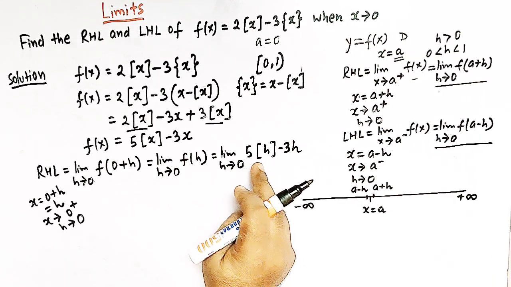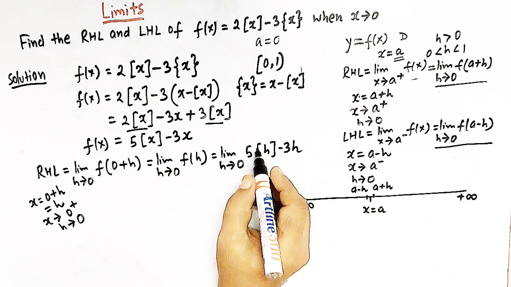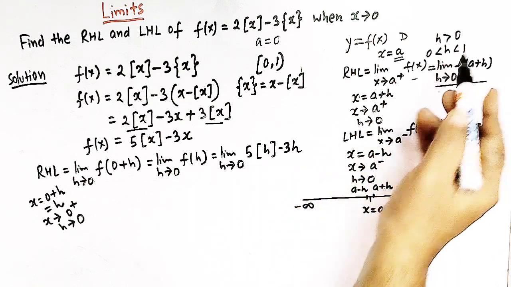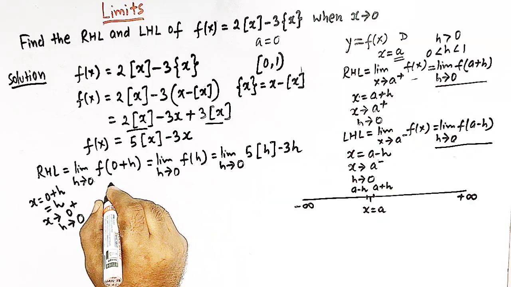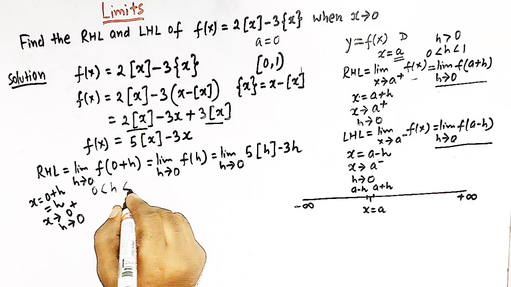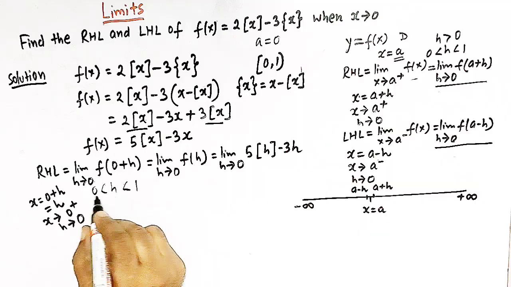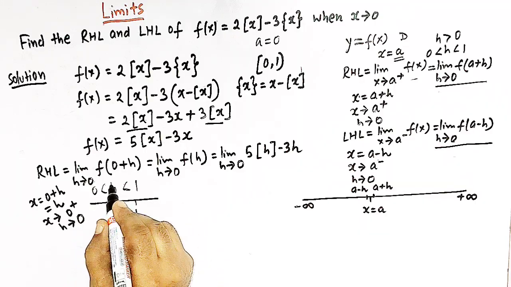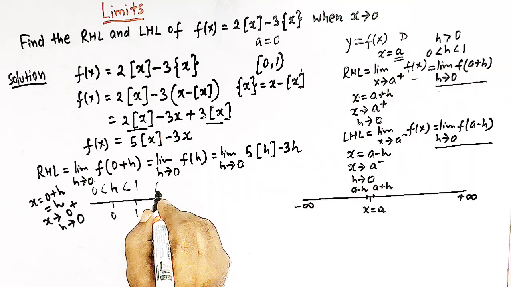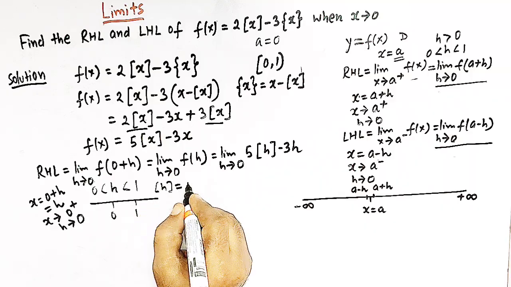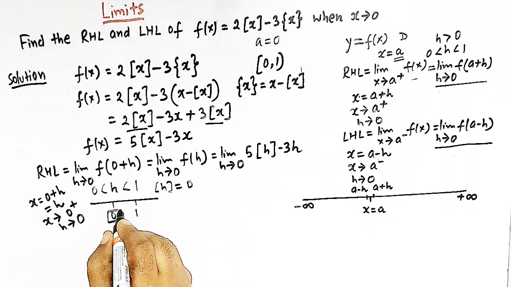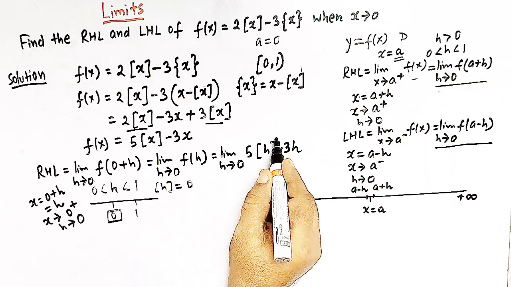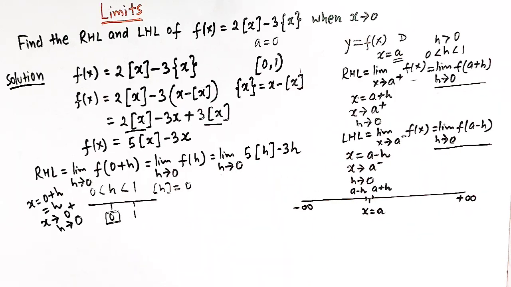Here we have the greatest integer of h, and we have just seen that h lies between 0 and 1. So when h lies between 0 and 1, the greatest integer of h is equal to 0 due to the definition of the greatest integer function. So this term is 0.